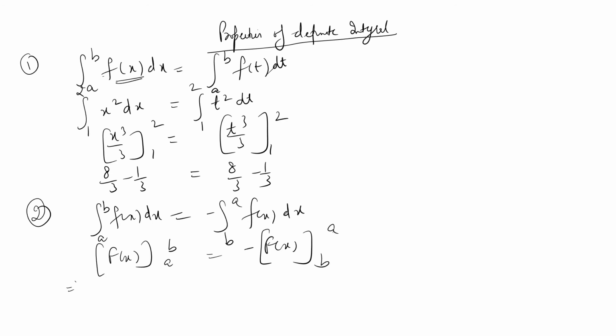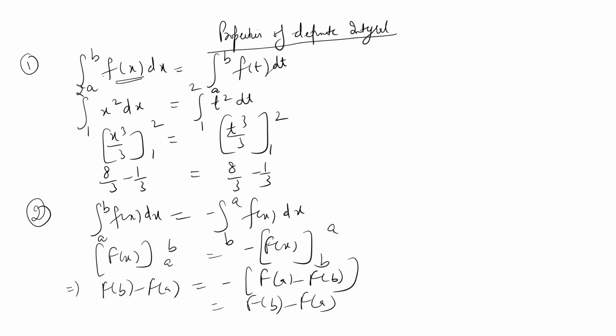Now what will happen? I will write it as f(b) minus f(a), and this is f(a) minus f(b), right? So when I adjust the negative sign, they both will become equal. So if I want to shuffle the limits, the result will be altered with the negatives.